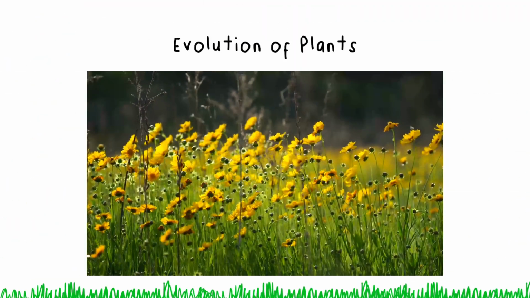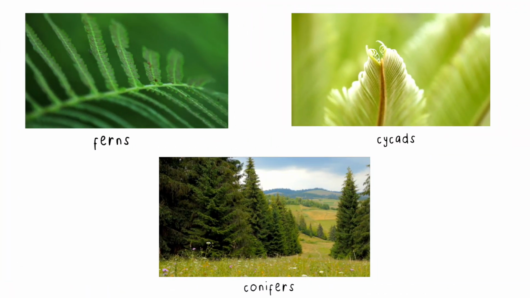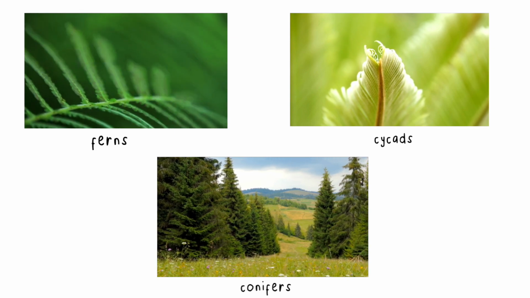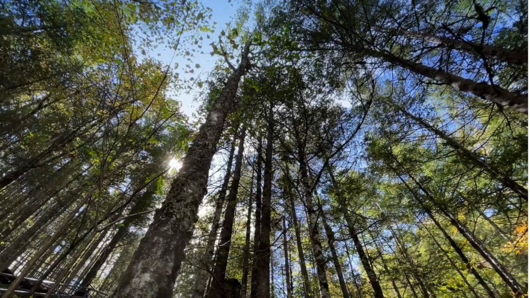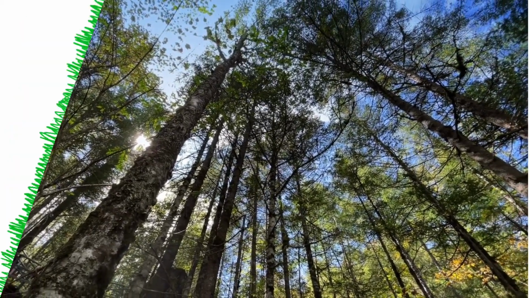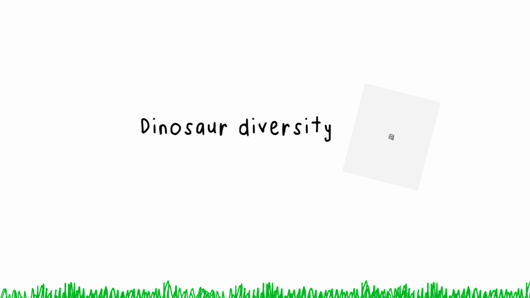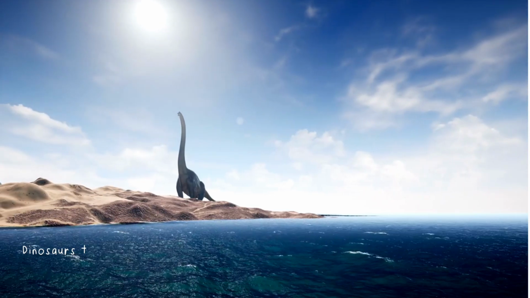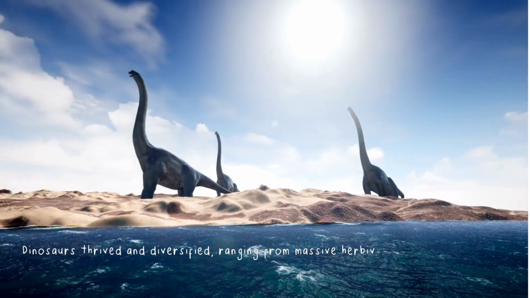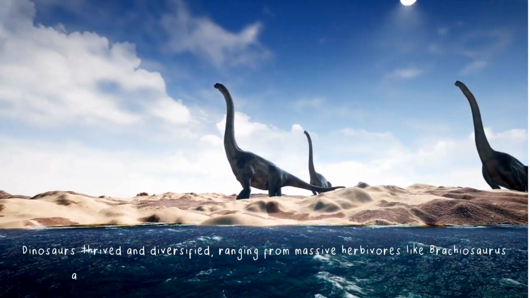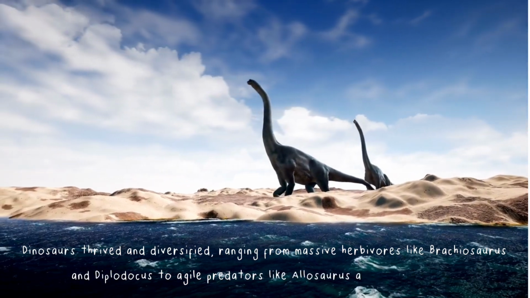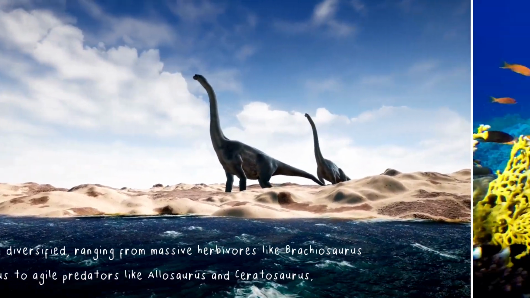Evolution of plants. The Jurassic saw the dominance of ferns, cycads, conifers, and early flowering plants, contributing to lush terrestrial ecosystems. Dinosaur diversity. Dinosaurs thrived and diversified, ranging from massive herbivores like Brachiosaurus and Diplodocus to agile predators like Allosaurus and Ceratosaurus.